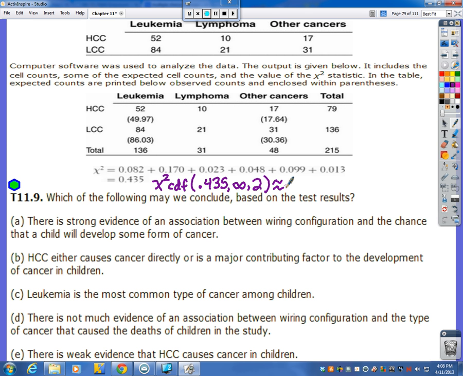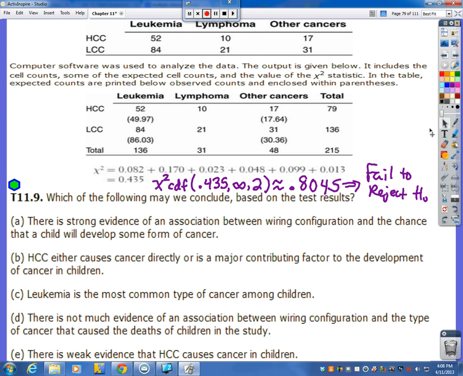So 0.435 to infinity, 2 degrees of freedom, and we get a pretty big number here. 0.8045. So we would definitely fail to reject the null hypothesis.